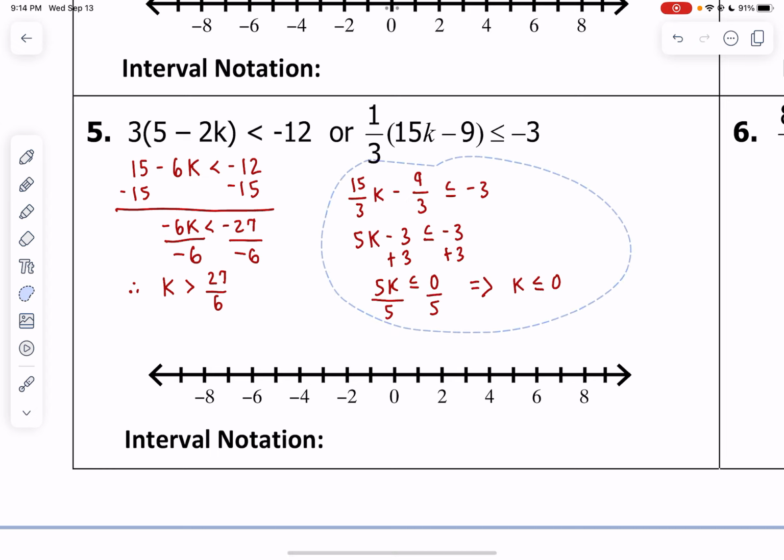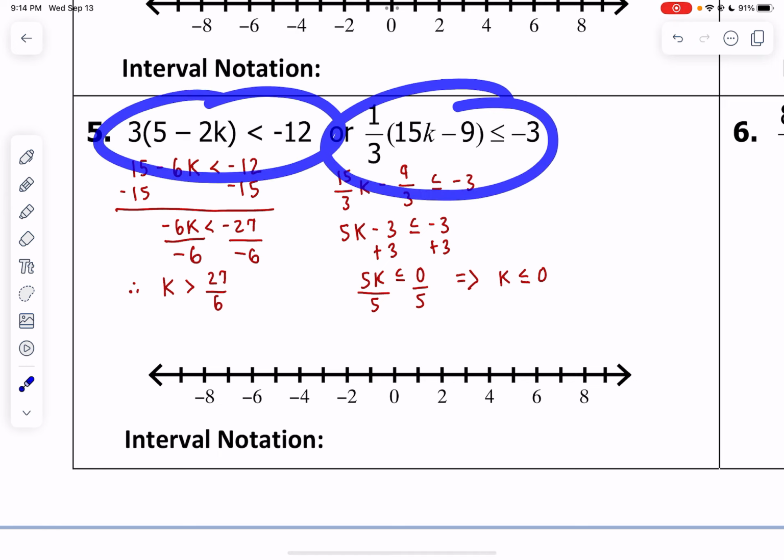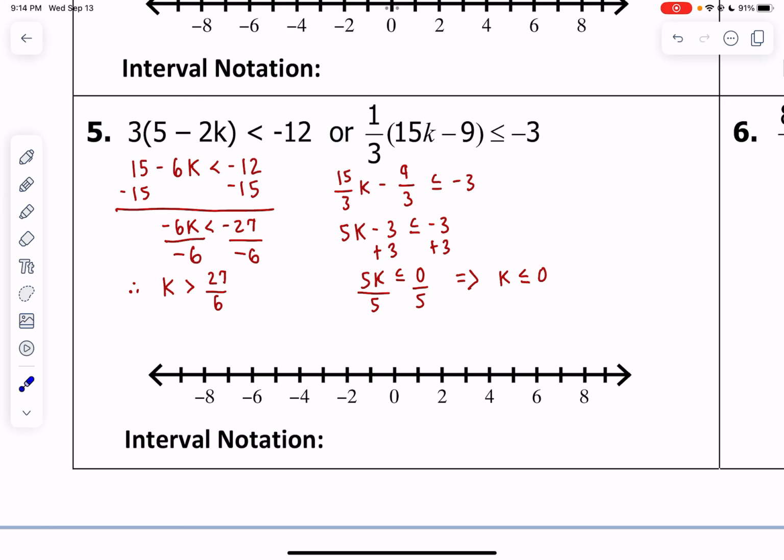Okay, so now that we have solved each individual inequality, please don't forget that when you're using the compound inequality for OR, you're going to need to make sure you put them side by side. So let's do that. I'm going to put it up here. And I'm also going to put the other one.